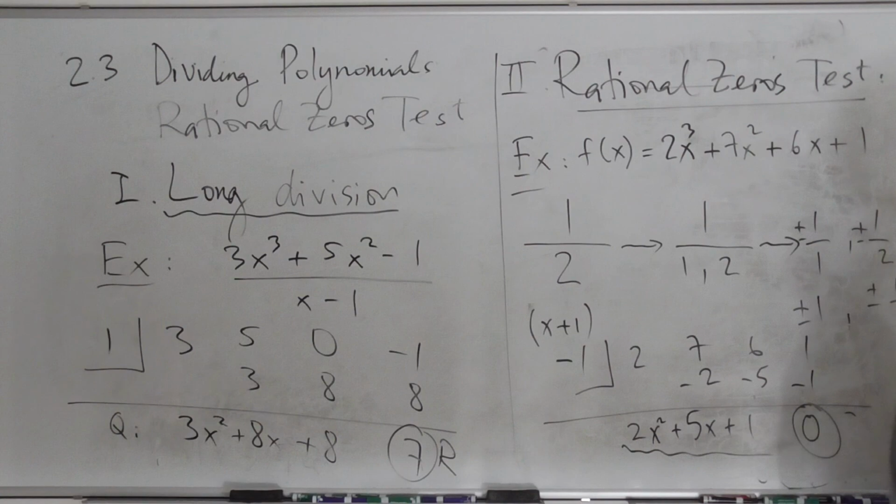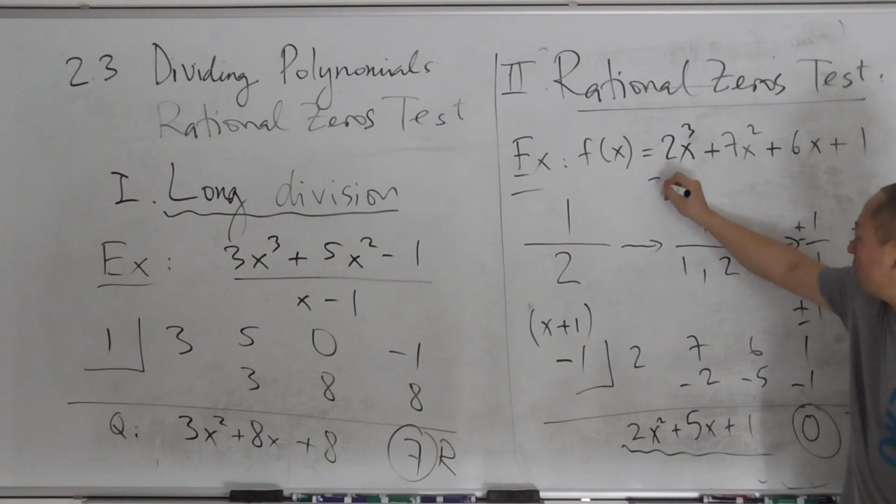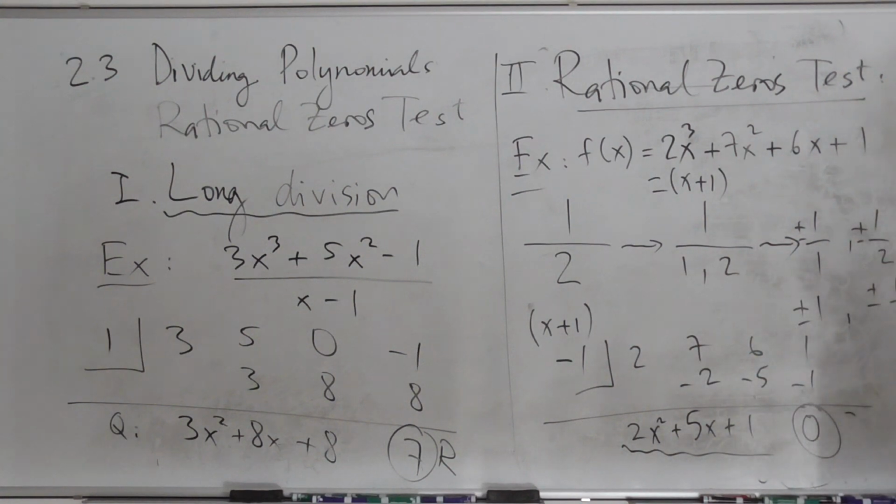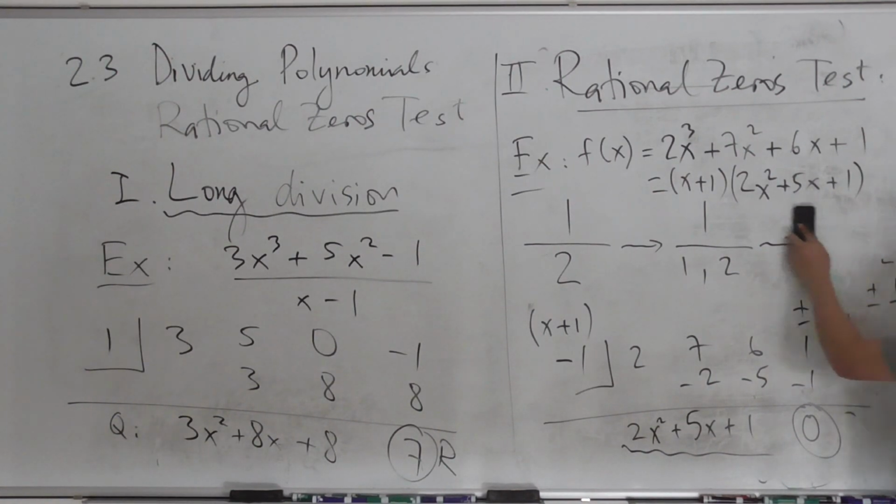So that degree 3 polynomial can be factored as x plus 1, the linear factor, times the second factor, the quotient, 2x squared plus 5x plus 1. And we found the first zero. Of course, this is a quadratic function, so you should be able to find the other two zeros from here using the quadratic formula.